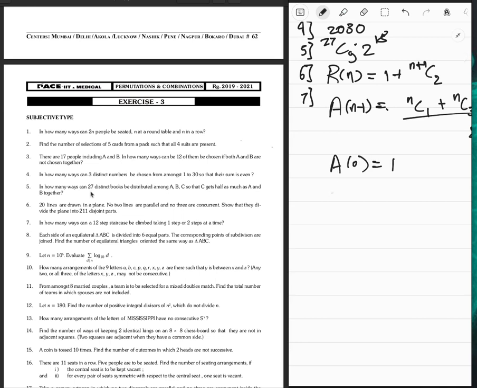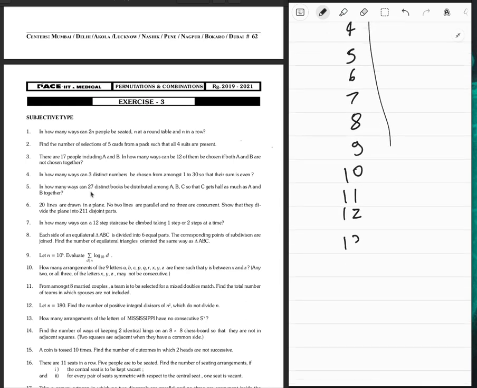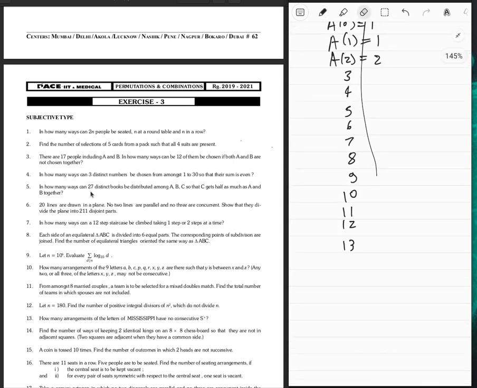A0 is equal to 1, A1 is equal to 1, A2 is equal to 2, actually just put this 3, 4, 5, 6, 7, 8, 9, 10, 11, 12, 13. Oh, we don't need 13 actually, just need 12.